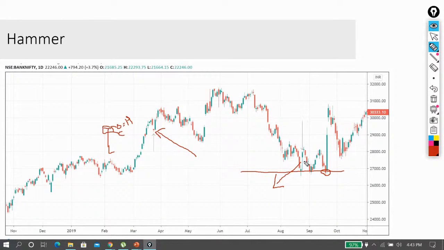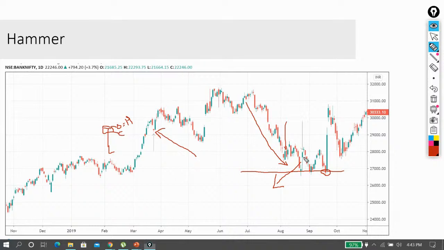So, what is the psychology behind this? We have a continuous down move. This is very clear. Now this candle forms. This kind of strong candle is not there anywhere. Probably this is the one, a bullish candle, big size. Apart from that, nothing.